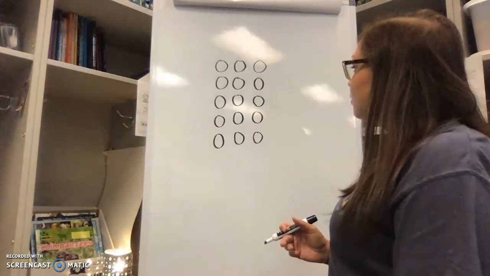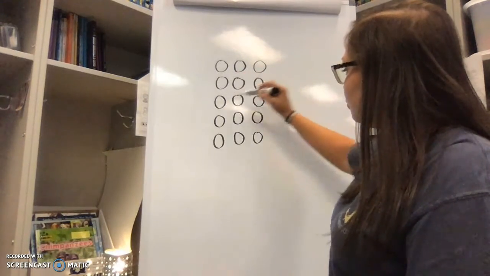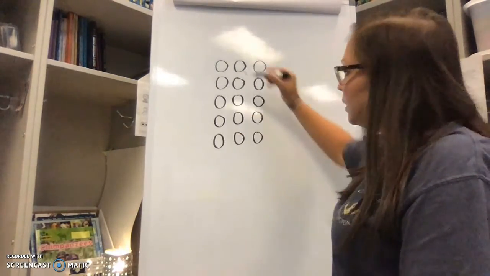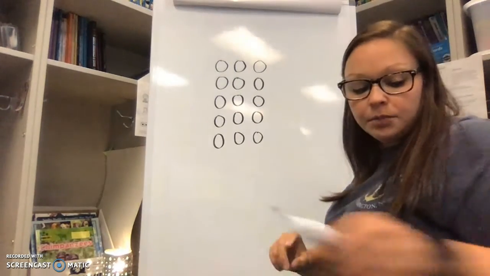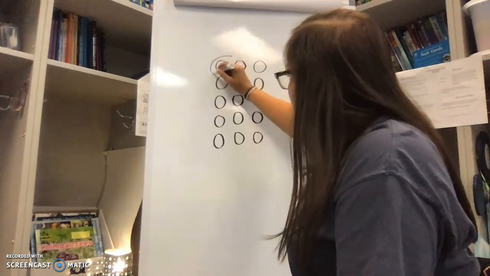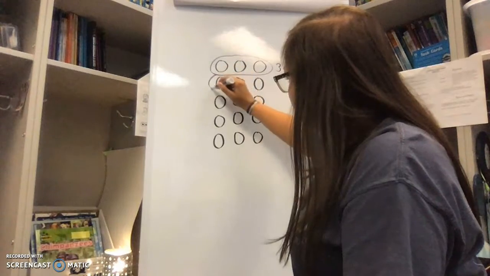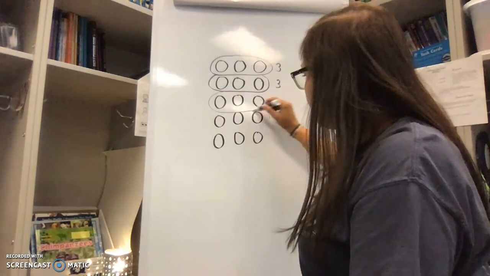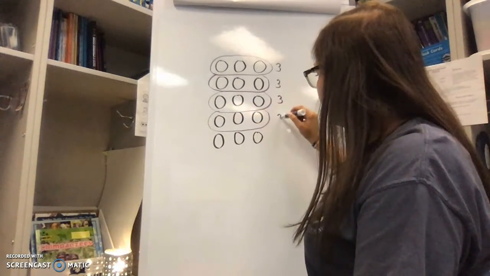Okay, here's another array. As you can see, I have 1, 2, 3, 4, 5 rows and 1, 2, 3 columns. So I'm going to start with my rows. Here's one row of 3. Here's another row of 3. Here's another row of 3. Here's another row of 3.